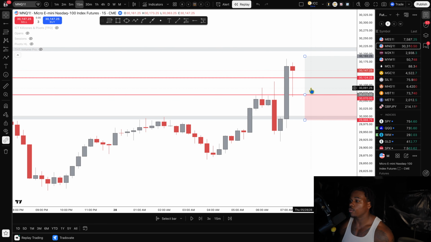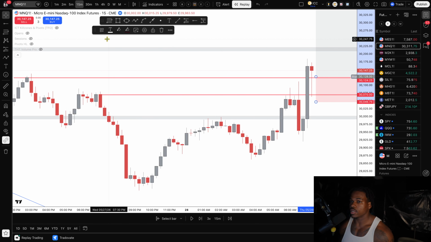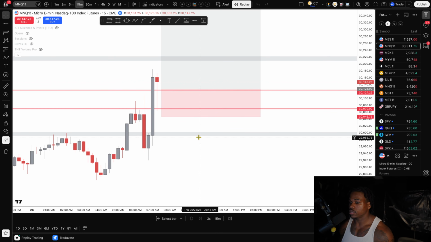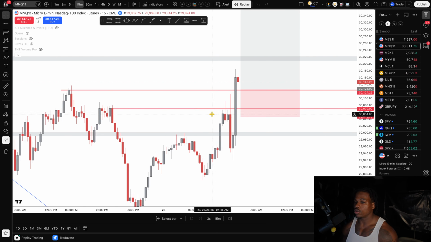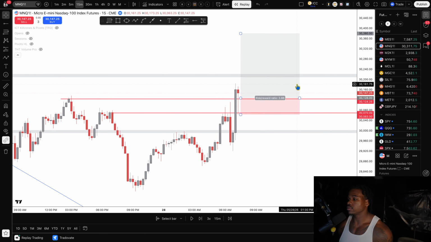At this level we should have gone balls to the wall, targeting those highs, because there's no liquidity here to stop it. Stops right here, right below that swing. Go crazy.